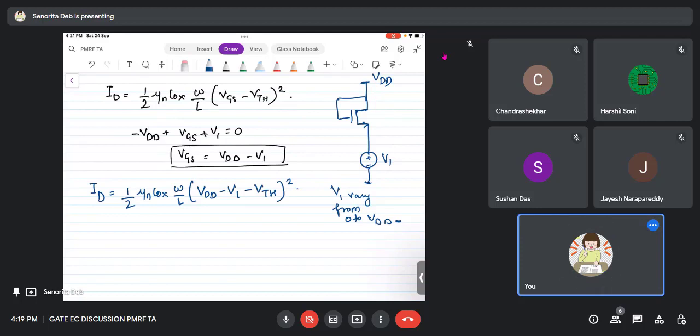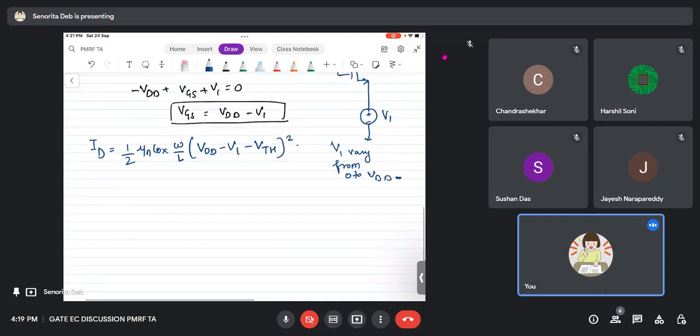Okay. Now here, when will ID be 0? ID will be 0 when this VDD minus V1 will be equal to what? VTH.